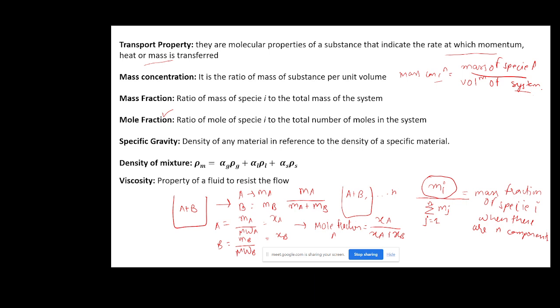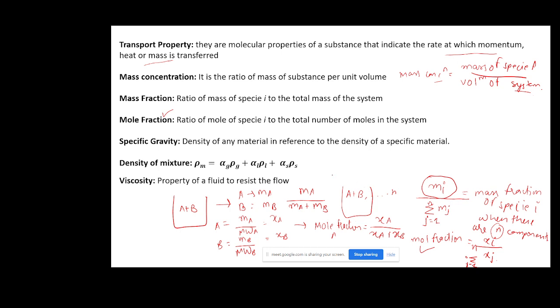Now, similar to the previous system, if you have more than two species, say n components, then the mole fraction would be equal to Xi divided by the summation of all the numbers of moles, from j equals 1 to n of Xj. So this is the mole fraction when you have n number of components.